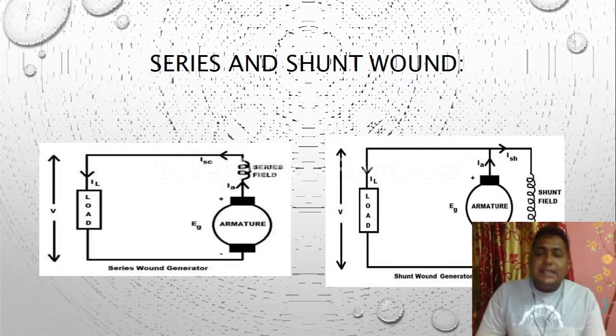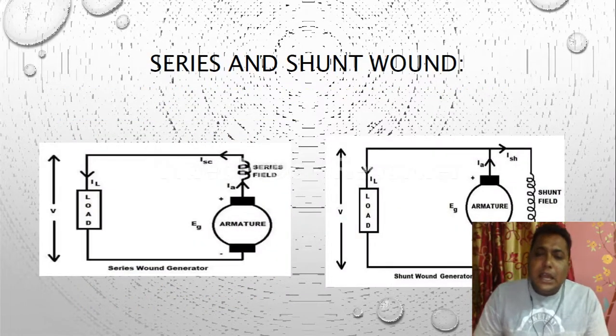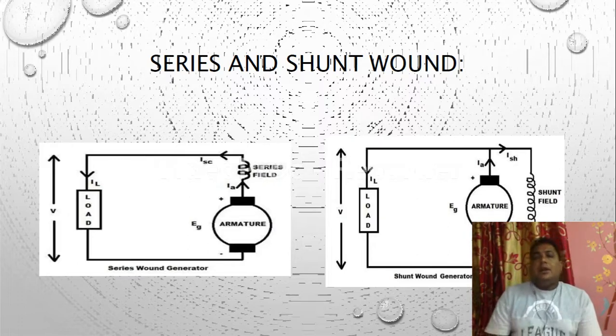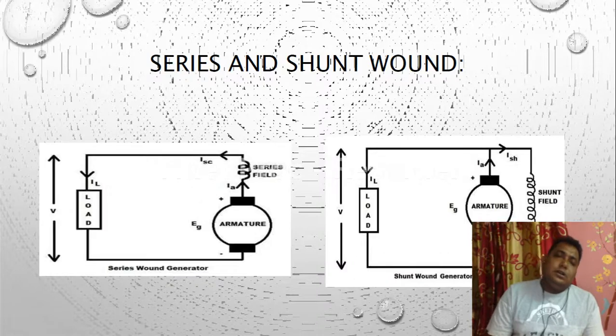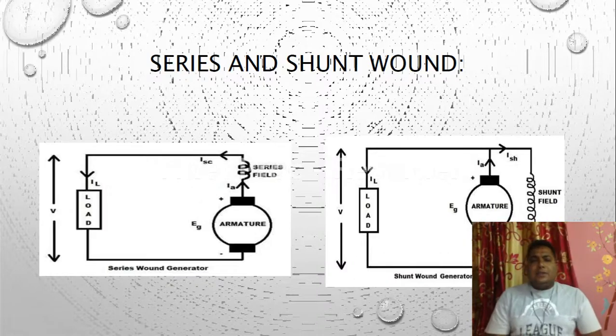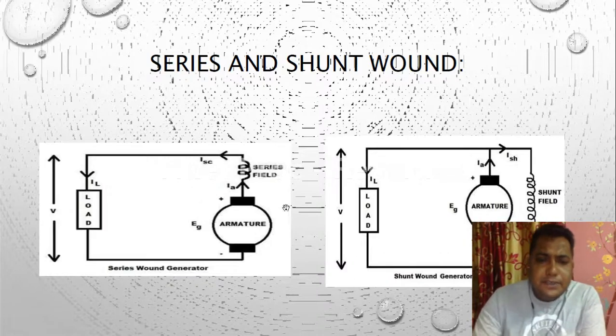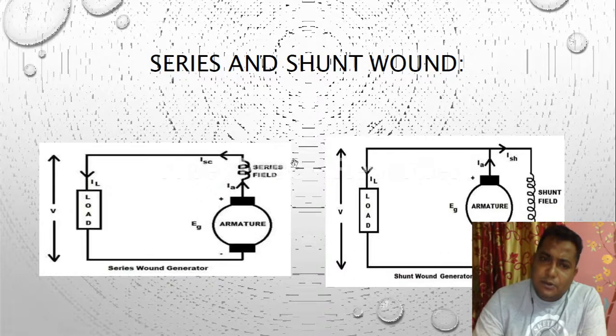Yes, it is a very interesting and beautiful presentation of series and shunt wound generator. As you can see, on the left hand side diagram, the armature winding and field winding, as I told you, are connected in series and connected to some sort of load.